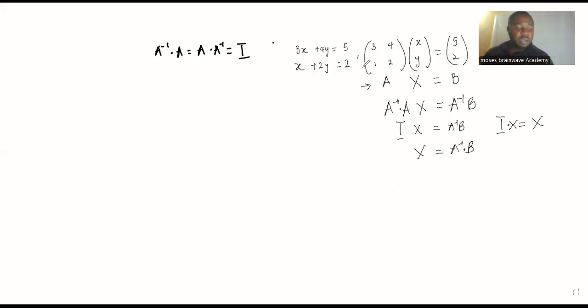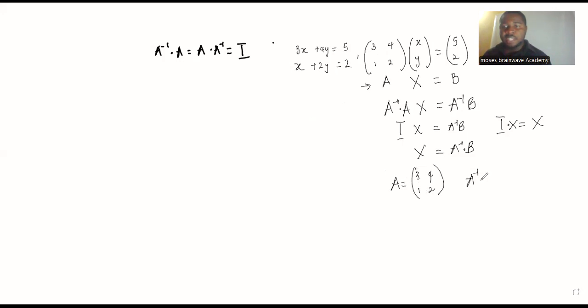So let's get A inverse from here, then I will solve it. All I need to do is first get the determinant, then I will invert this matrix. Let me do it over here. Our matrix A is 3, 4, 1, and 2.